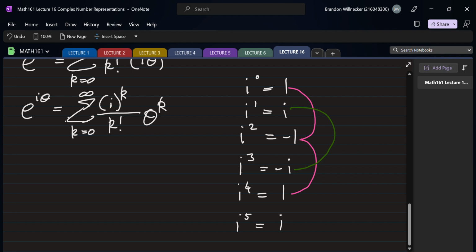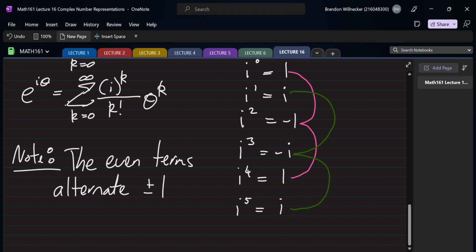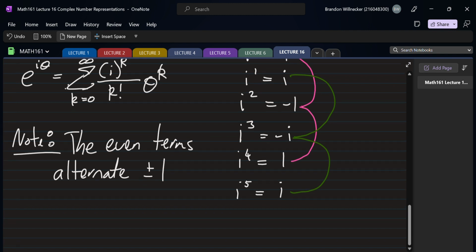They don't alternate between 1 and minus 1, they alternate between i and minus i. So let's make a note of that. The even terms alternate plus or minus 1. The odd terms alternate plus or minus i.